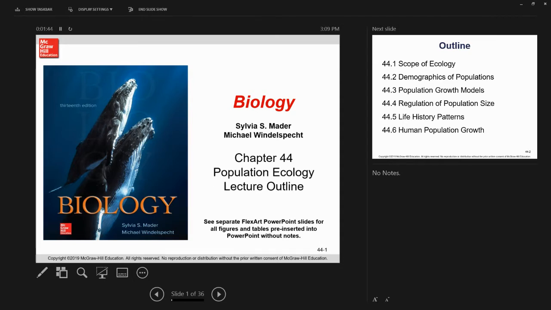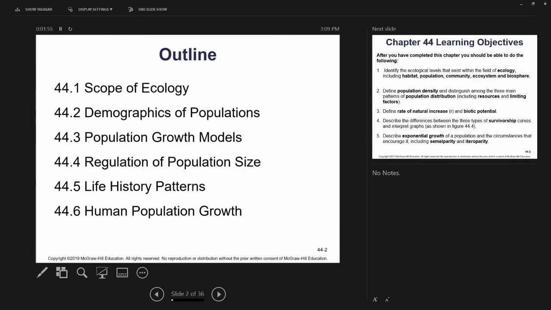So we're going to focus first on population because before we see how all of those components interact with each other, we have to understand how populations work. In this chapter, we'll look at ecology broadly, what ecology is, population demographics, the distribution of populations, how we describe populations, the ways that populations grow, and how that population growth is limited.